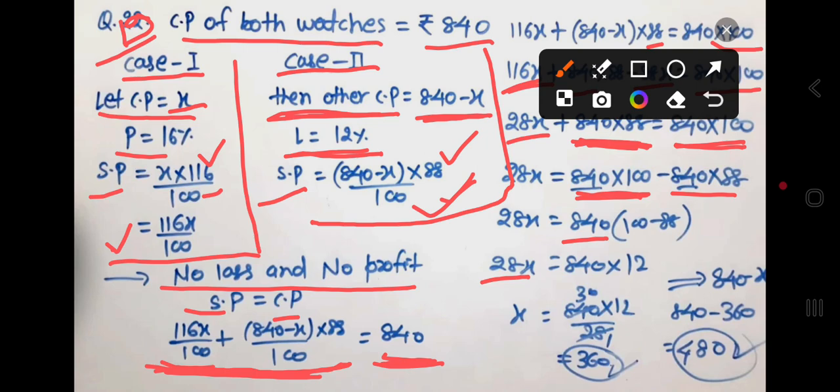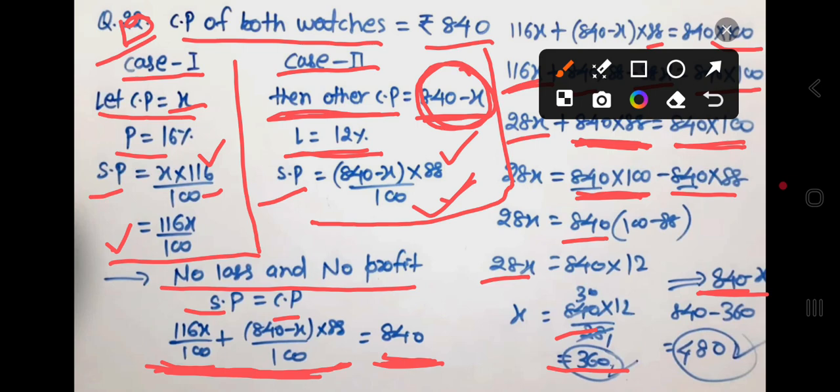Now 28 will go into the division. If you cancel by 28, 840 cancels in 30 times. 12 into 30 is 360, so x comes out to 360, meaning the cost price of the first watch will be 360 rupees. And the CP of the second watch is 840 minus x.